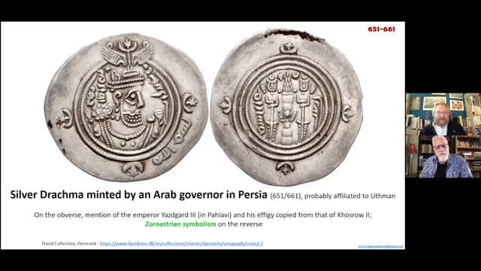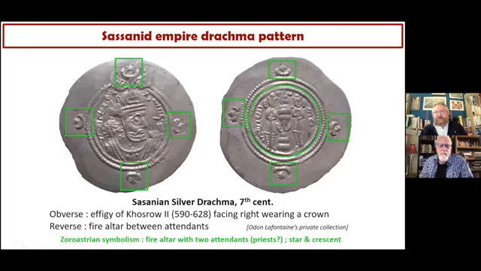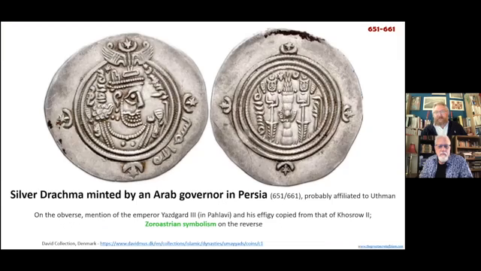So let's see this other coin. Obviously this coin has been minted according to the same Sassanid pattern that we just saw. This is exactly the same pattern. It was minted by an Arab governor in Persia between 641 and 661. So should the standard Islamic narrative be true or realistic, this Arab ruler could have been affiliated to Uthman.